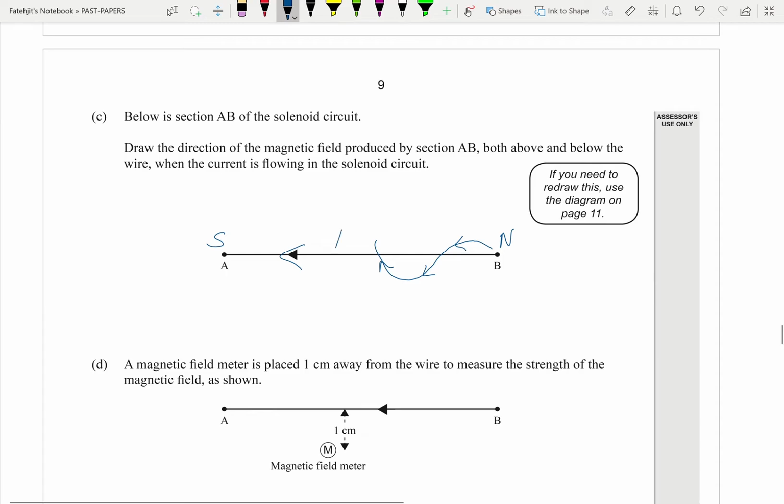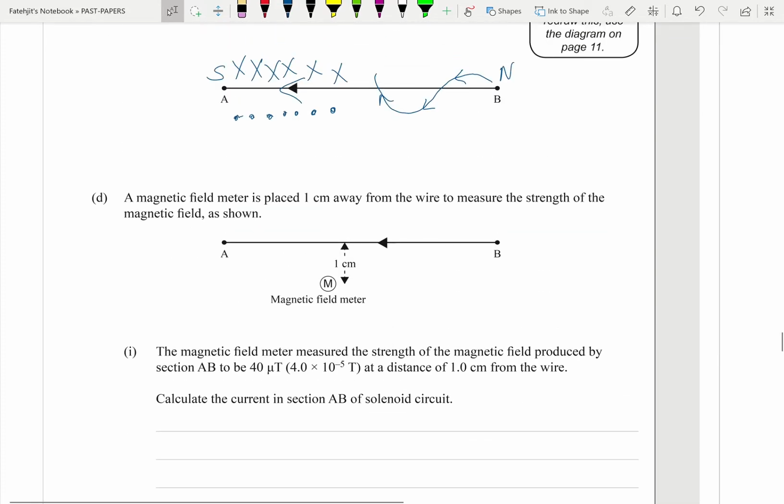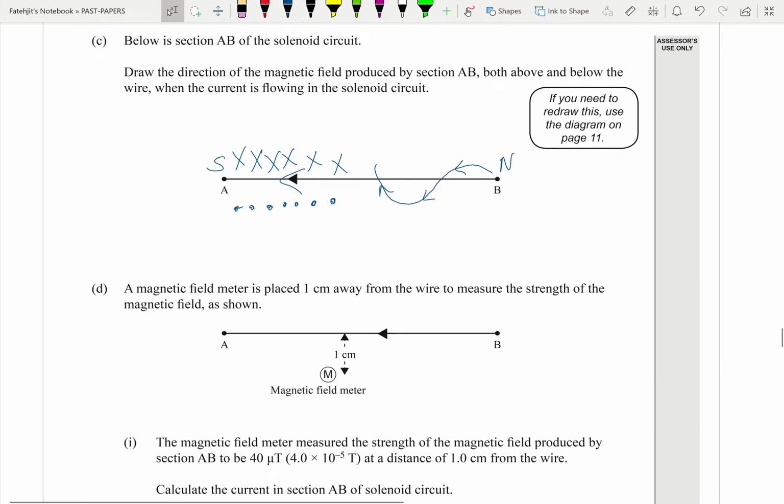And from this, you can state that these are going in, and it will be coming out here. That's just using the current flows from north to south, figuring out that this will be the flow, and therefore it'll go inside here and then come out here. Remember, this is for going inside, and this is for coming out.